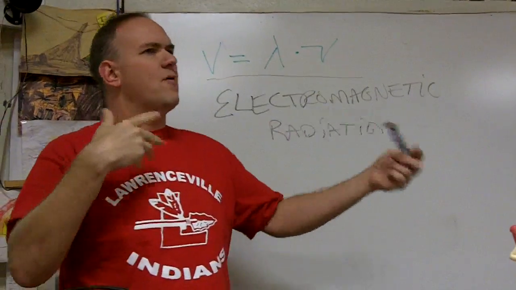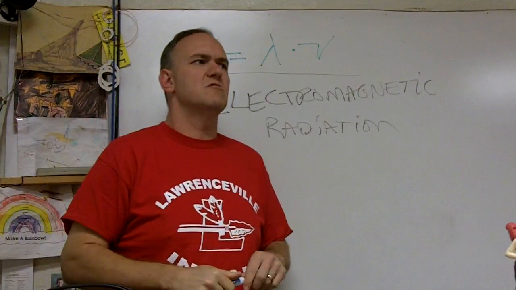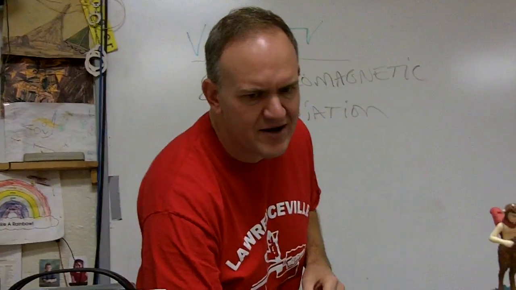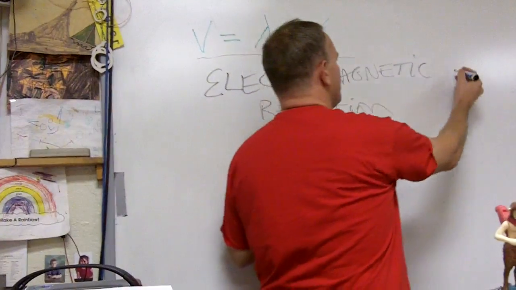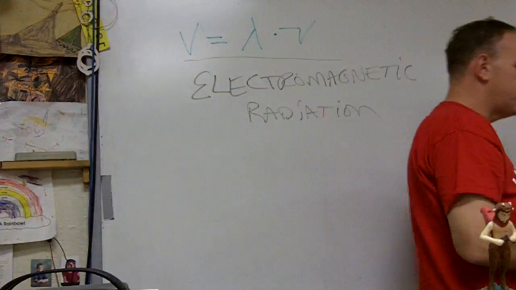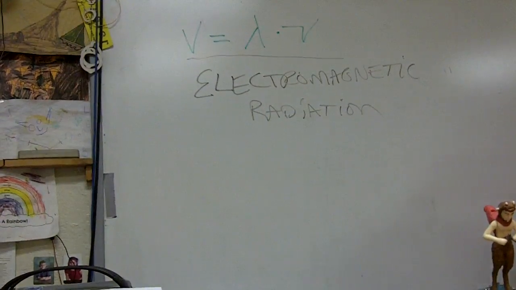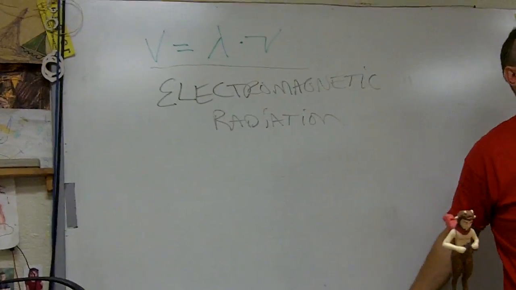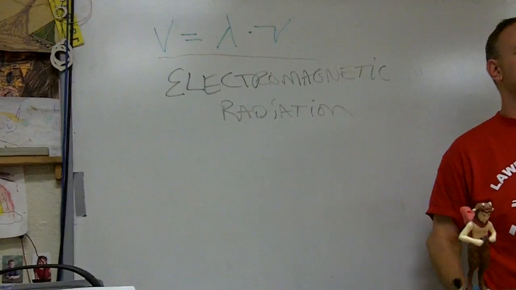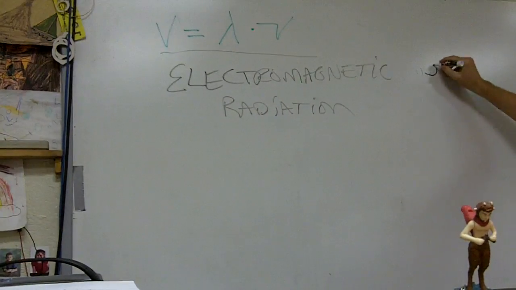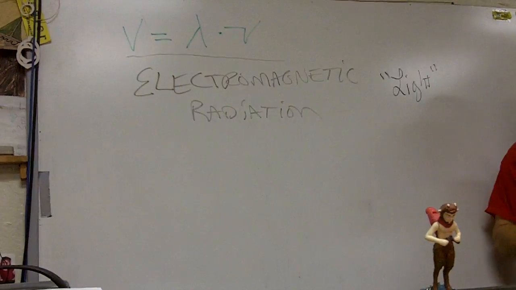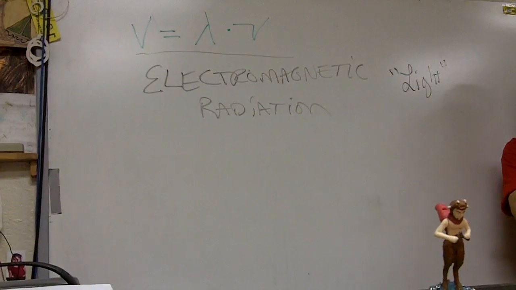There are a lot of ways to define electromagnetic radiation, but the simplest, easiest thing for you to remember is that it is a fancy way to say a one-syllable word that you've probably heard of. Does anyone know the word? Light. There you go. She said light. Electromagnetic radiation is light. So today's entire discussion will deal with light.